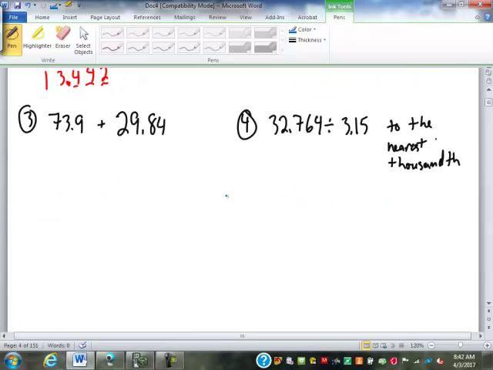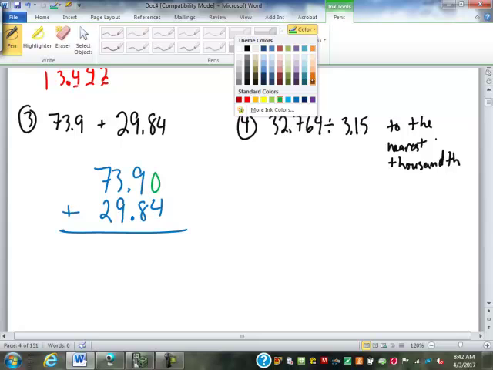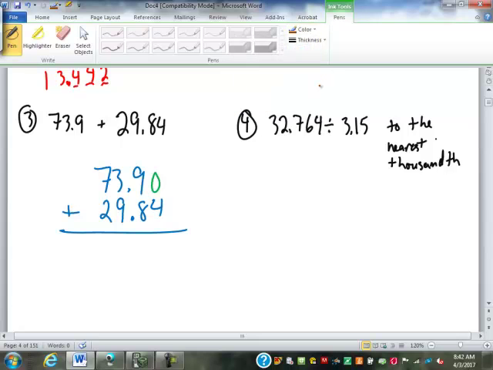Adding is pretty simple. We just have to remember to line up our decimal points. So write down the first number, we put in our decimal point. And just like with subtraction, I'm going to fill in my missing decimal places with zeros. Not quite as important with addition, but still helps.